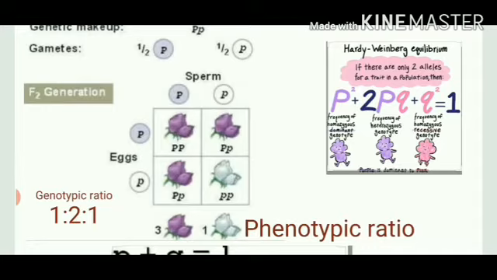This means 25% will be pure purple flowers, 50% will be hybrid purple flowers and 25% will be white flowers. So the law of segregation states that whenever hybrid traits are crossed with each other, the resulting generation can segregate the genes.